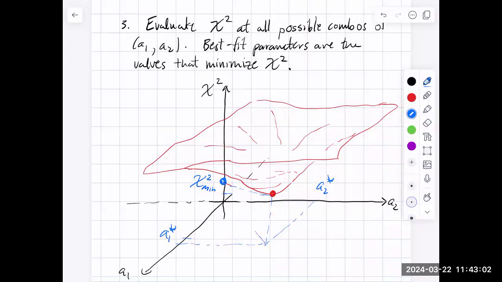Okay, and then this dashed line, I can draw this a little bit better now. If I make this one parallel to the line in the plane, then chi-squared minimum sits over here. Is that picture clear enough? Does it make sense? Any questions about that?